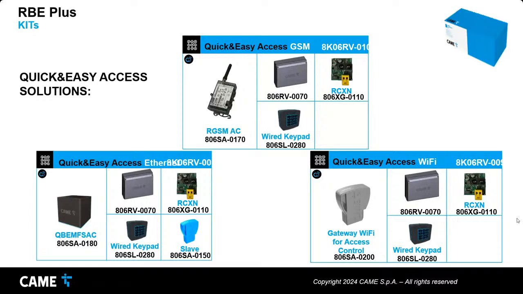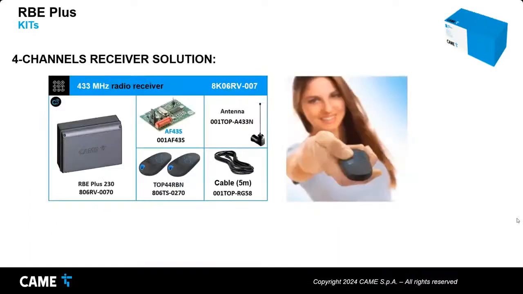So, for example, I come back to this slide. If you need also to add a local keypad or a local selector in this solution, the 4-channel receiver solution, you have to add not only the selector, but also the RCXN expansion. So that's the matter of this thing.